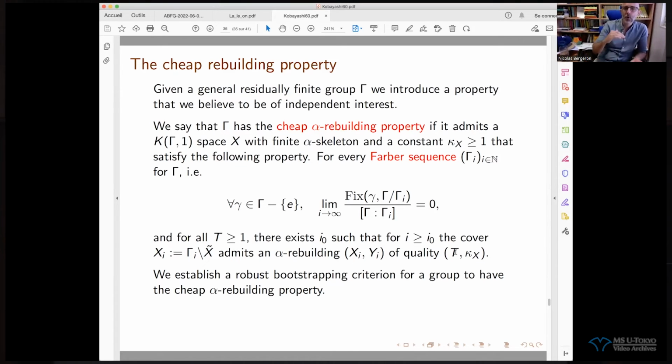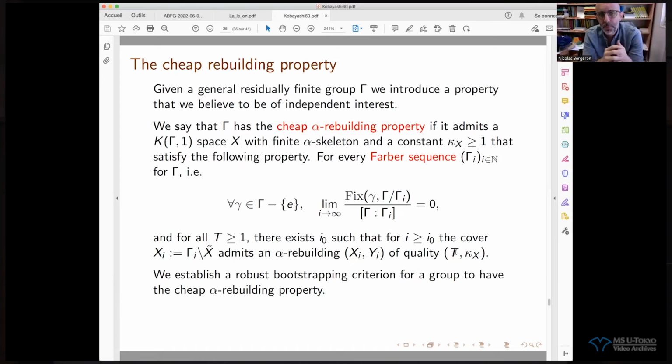So if you go far away in the sequence, then you can find a rebuilding of quality t. So you can really find a cellulation with much fewer cells, and nevertheless you control the boundary.